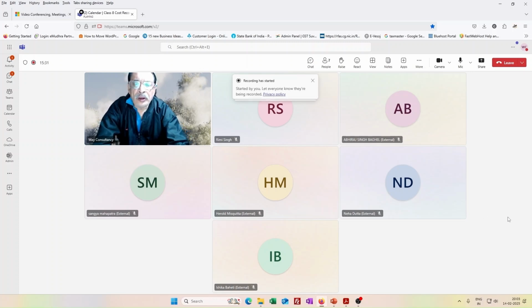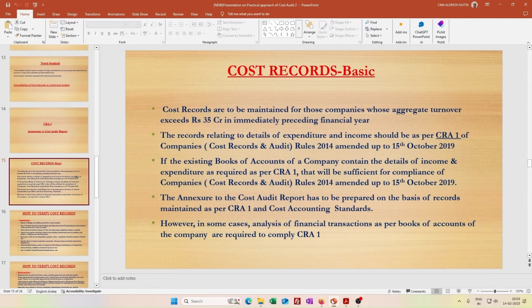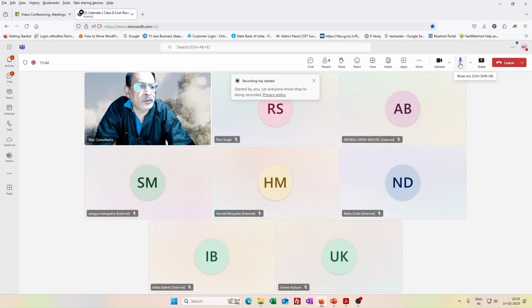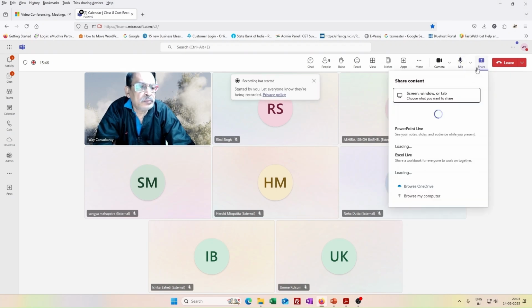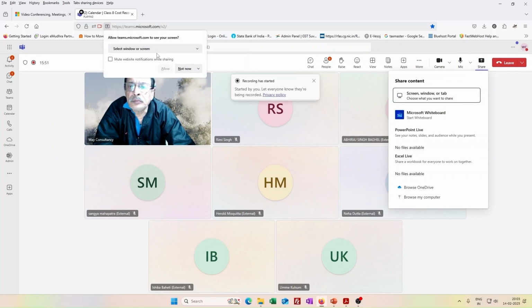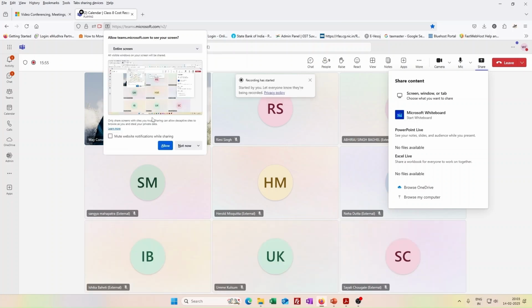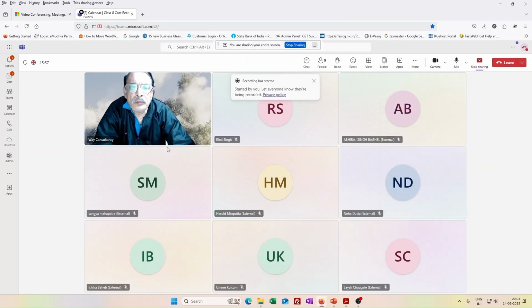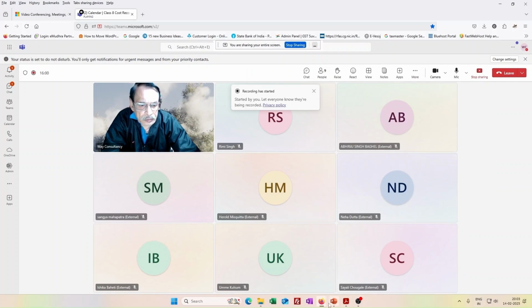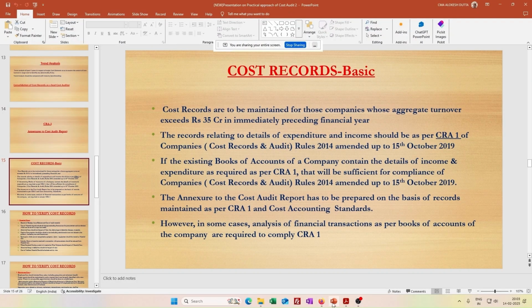Now, we are talking about CRA, preparation of cost records. I will just show you one slide. I am sharing my screen. Can you see the slides?